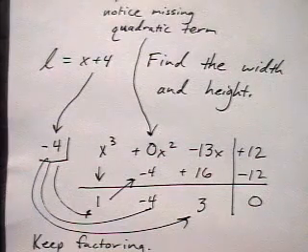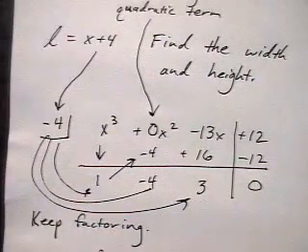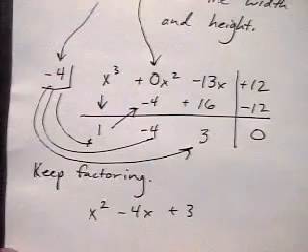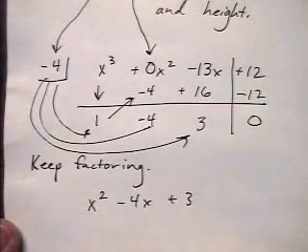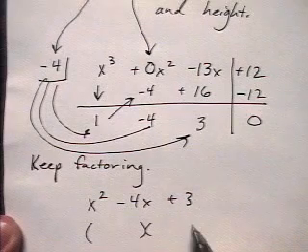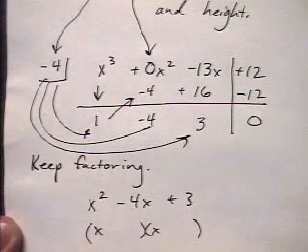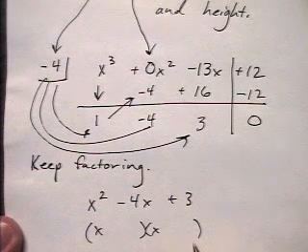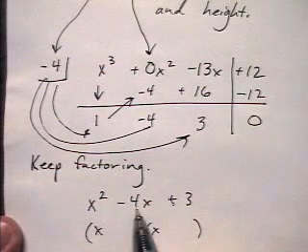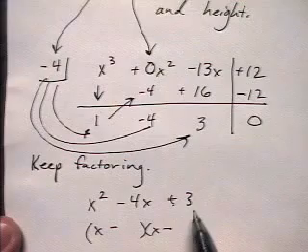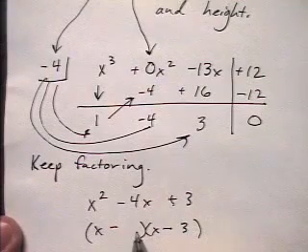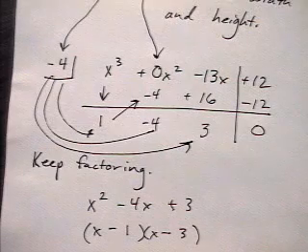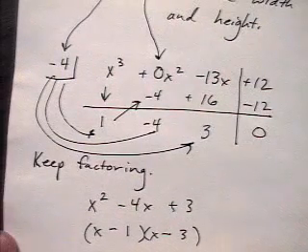So we have x squared minus 4x plus 3. Now the only way to find out what two things multiply together to give me x squared minus 4x plus 3 is to keep factoring this thing. Both the same sign, both have to be a minus, and the only factors of 3 that we can use are 3 and 1, and they happen to add up to 4, so that's beautiful.